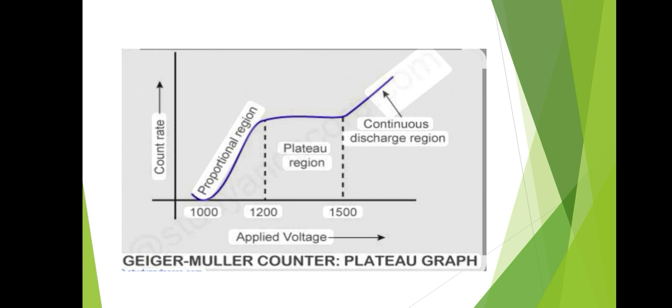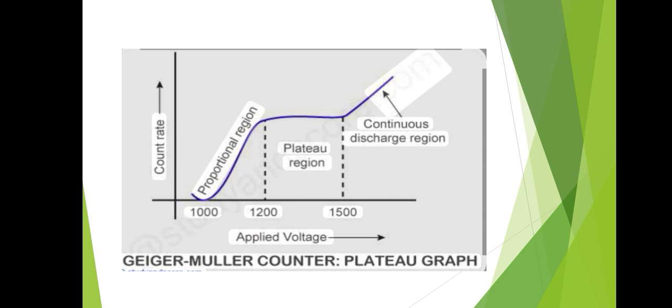Plateau. What is meant by plateau region? The range of applied voltage over which the counting rate remains constant is called plateau, as shown in this graph. Quenching. When free electrons recombine with positive argon ions, they form neutral argon atoms. This process leads to emission of photons.